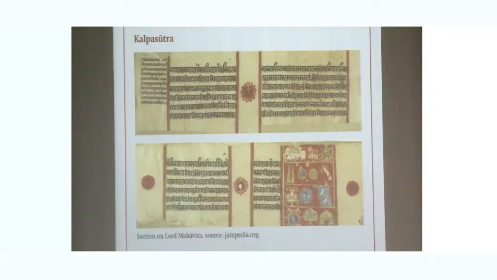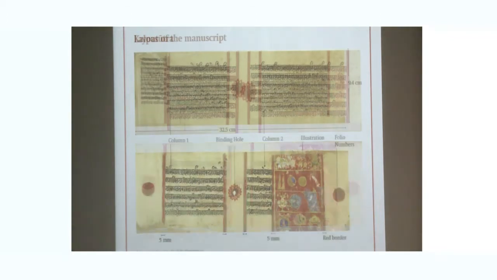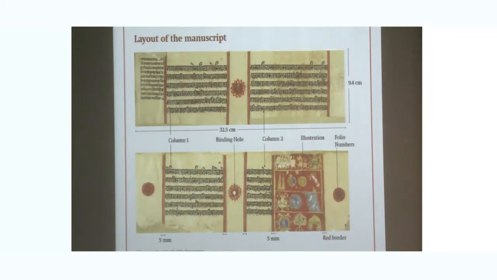Before we land upon calligraphy directly, it is really necessary to understand its overall visual appearance. The layout of the manuscript is horizontal, the orientation of the paper in landscape format.